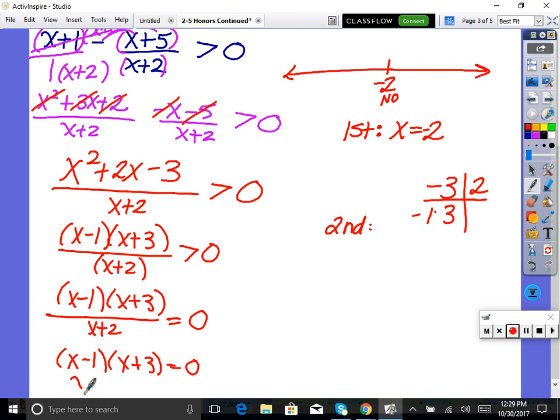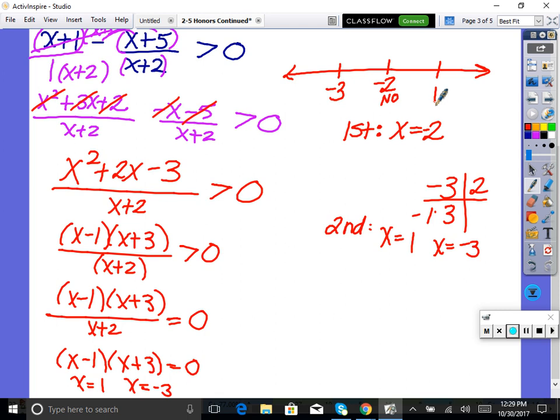Solve for x. X equals 1 and x equals negative 3. Negative 3 and 1. And I promise you, if you were to go back and graph this, you would see that our answers are going to come out correct.